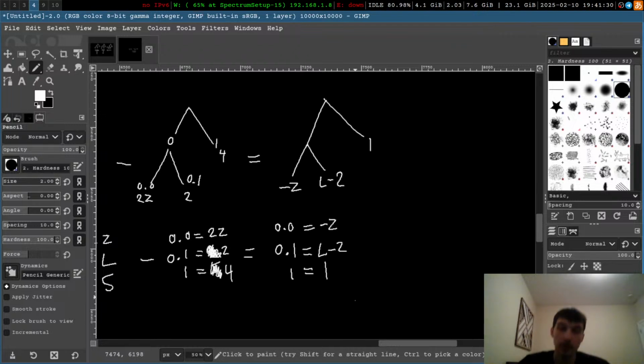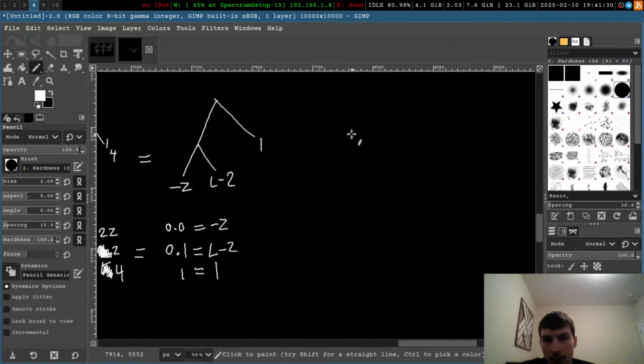It's really that simple. The whole idea is that we're just trying to create an algebra so that we can describe this.